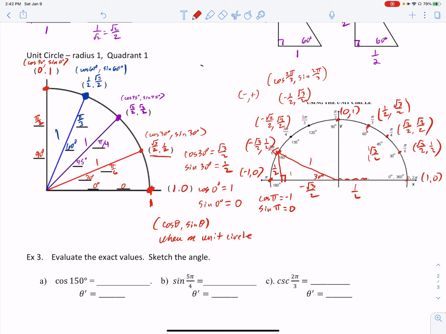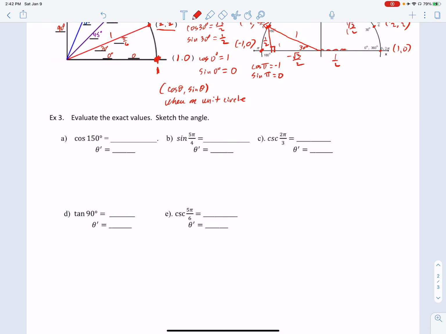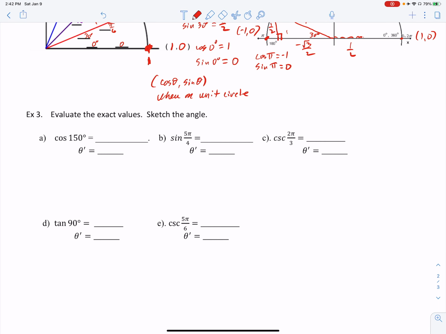All right, so then using those angles, it says evaluate the exact values and sketch the angle. And so I want you to be able to do this either way.